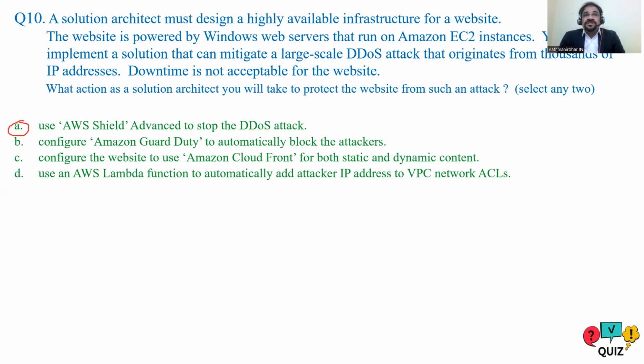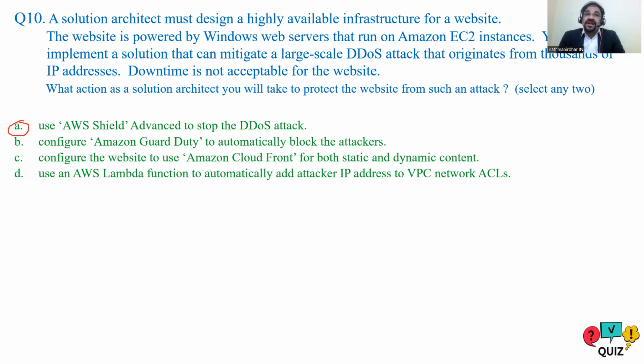And how about option C and option D? In case of option C, we have Amazon CloudFront. How does CloudFront work? It will distribute the website content across multiple edge locations. Suppose a particular web server keeps getting a DDoS attack, with so much web traffic to that web server.